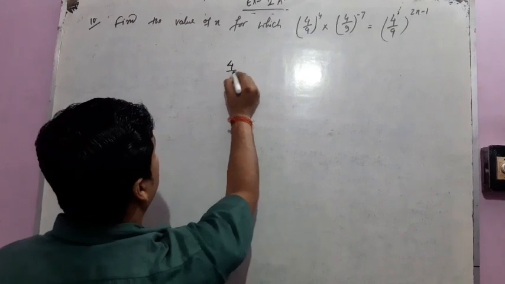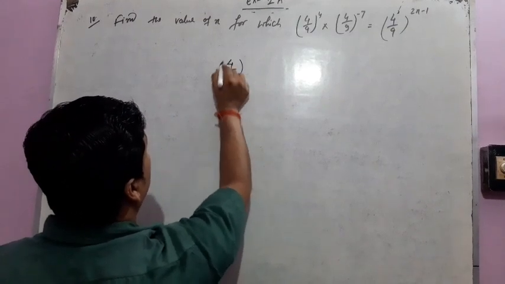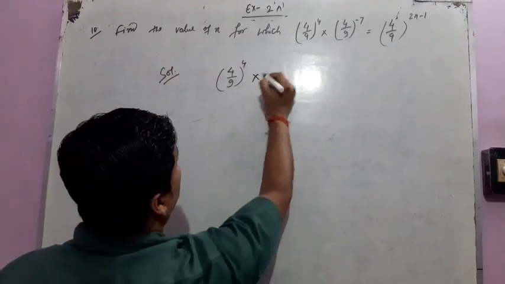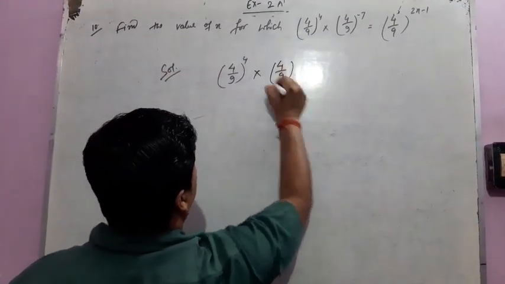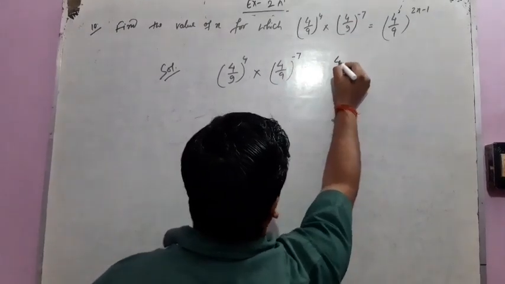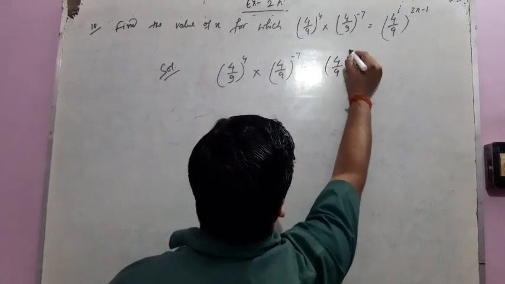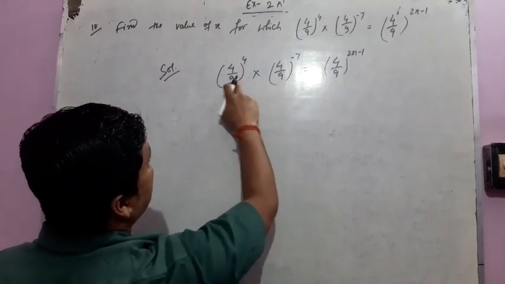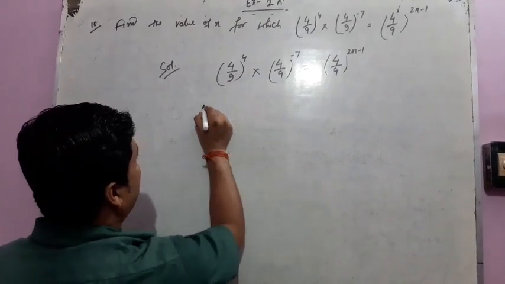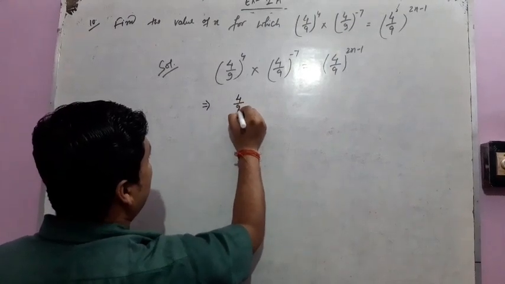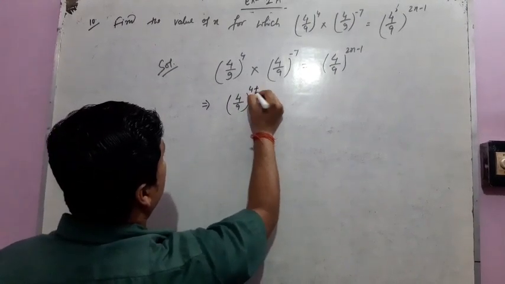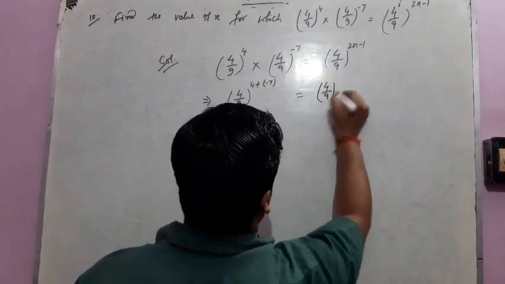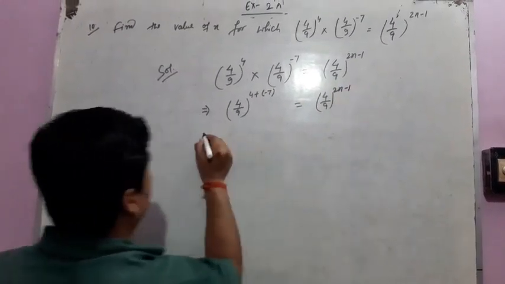So here the question is given: (4/9) to the power 4 into (4/9) to the power minus 7 is equal to (4/9) to the power 2x minus 1. Now both numbers have the same base, so we have to add their exponents here. 4 plus minus 7 is equal to 2x minus 1.